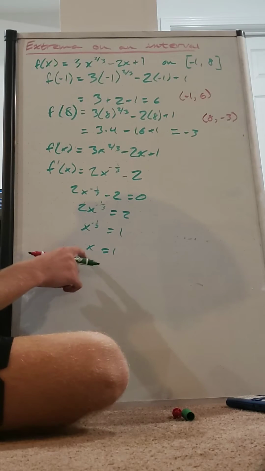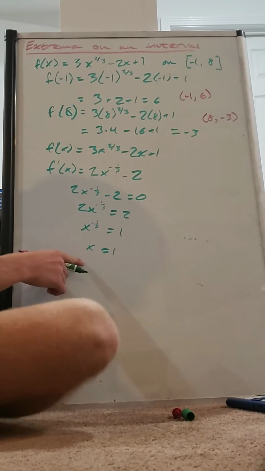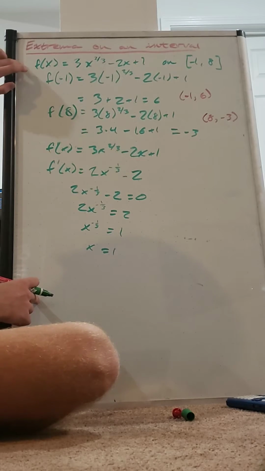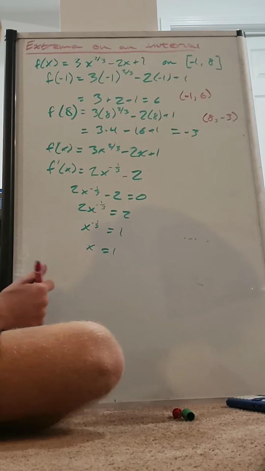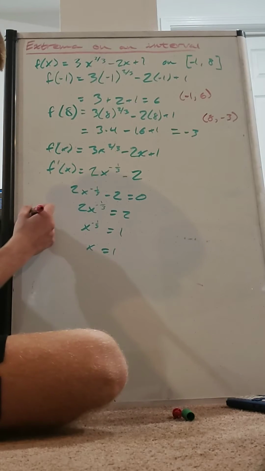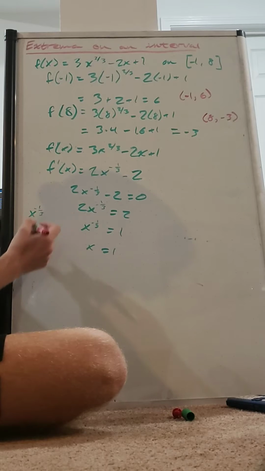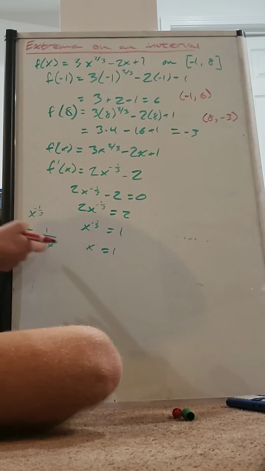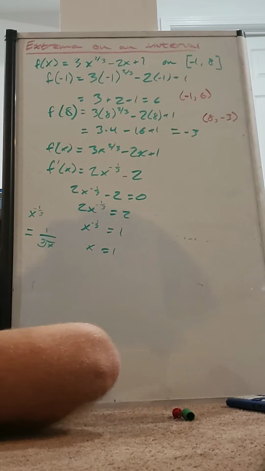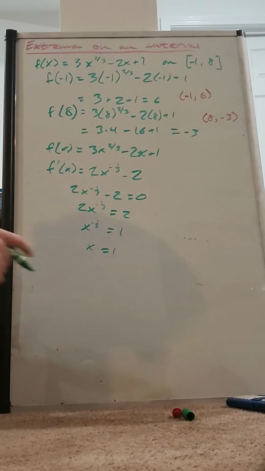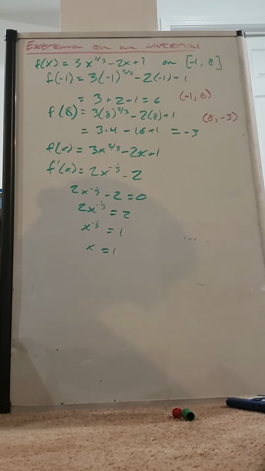That x equals 1 is where the derivative equals 0, and that is the only spot on this interval where the derivative equals 0. And again, x to the -1/3 is equal to 1 over the cubed root of x, and we see this is only equal to 1 when x is equal to 1. That's how you go from here to here. Okay, so we have our critical value, our critical point.